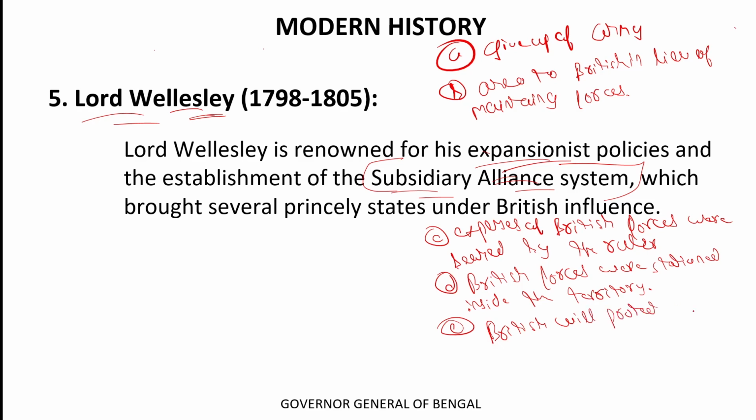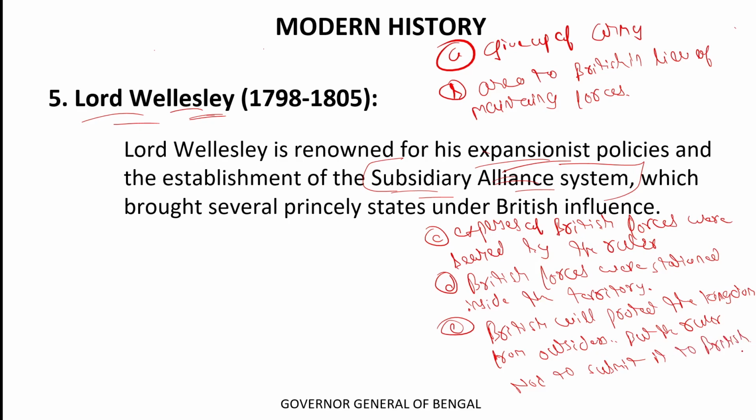Fifth point was the British will protect the kingdom from outsiders, but the ruler had to submit to the British.